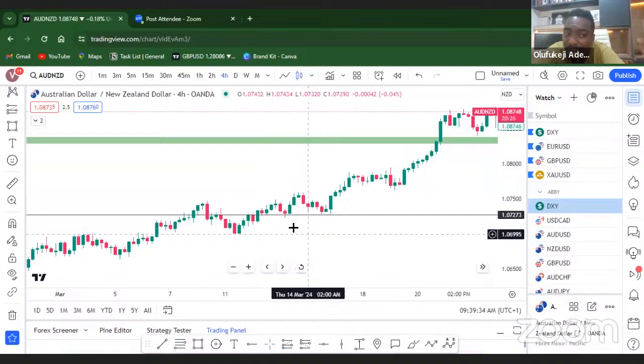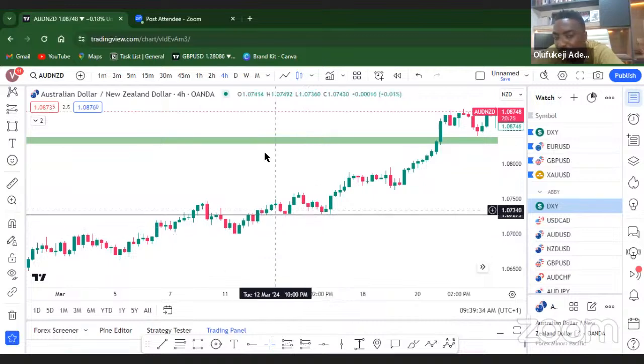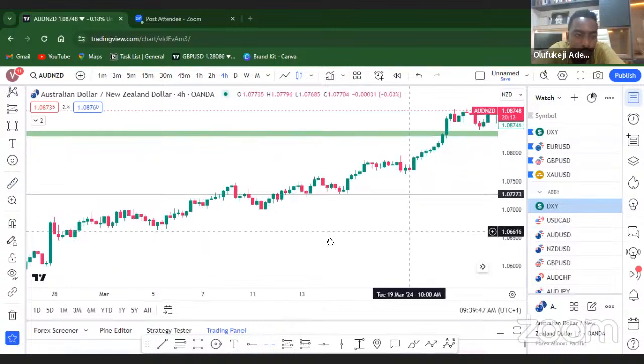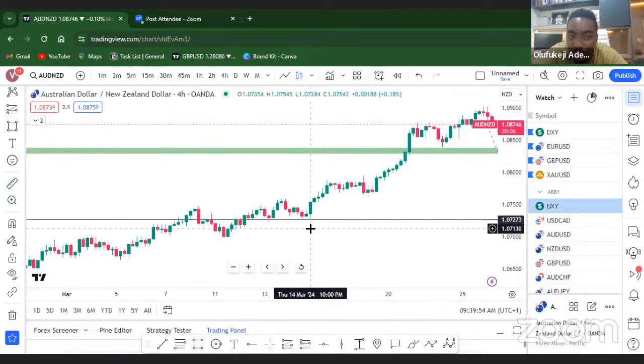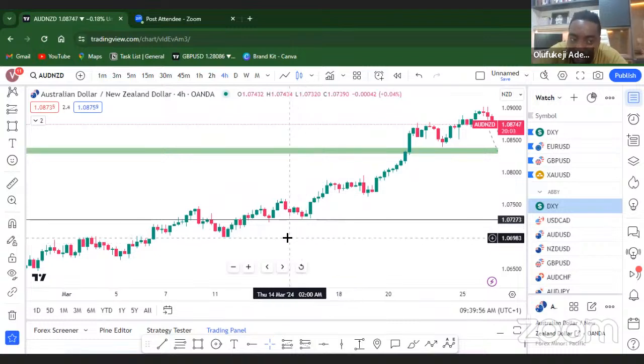What should have happened at that level? It should have sold. But because the trend is an uptrend, that level that was supposed to fall now became where it held. Exactly. It formed another shoulder, opposite shoulder.